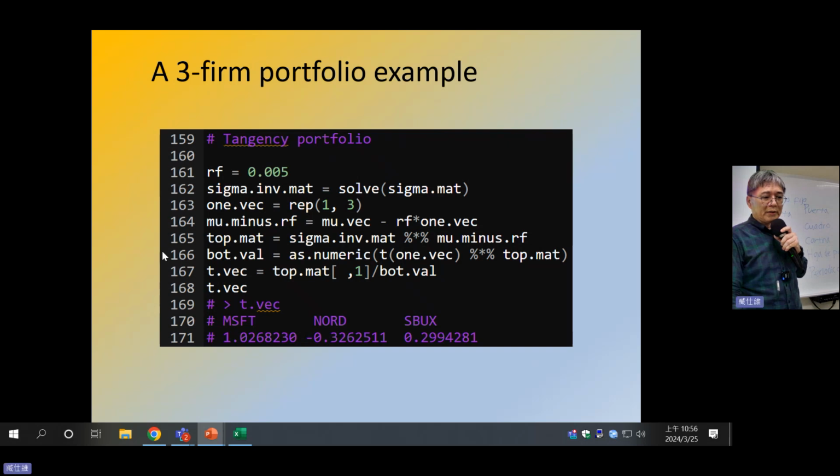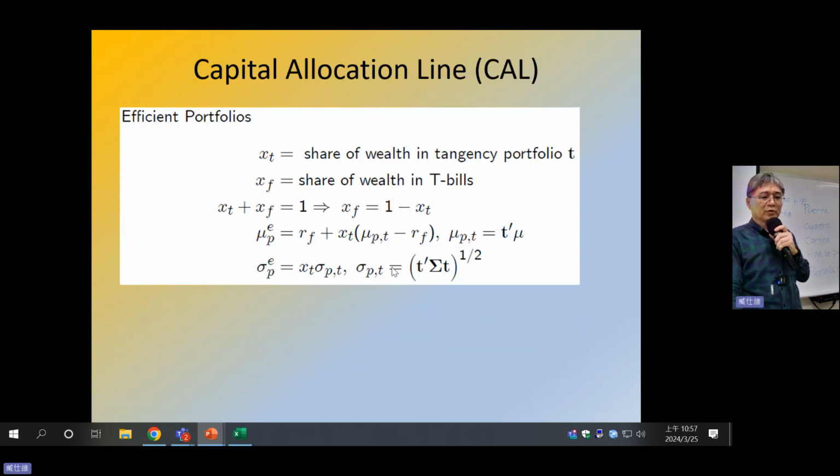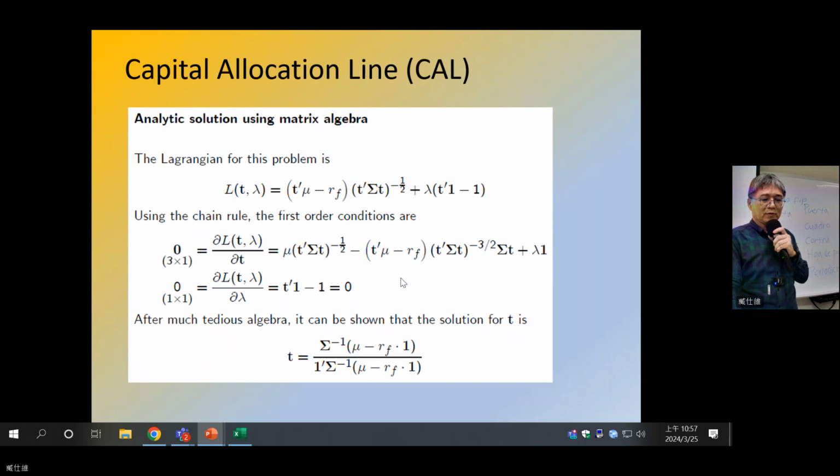So based on this, then we can find the top matrix. On the top we have sigma inverse multiplied by mu minus RF. Okay, so this denotes this one. This is the numerator part: inverse of matrix multiplied by this.